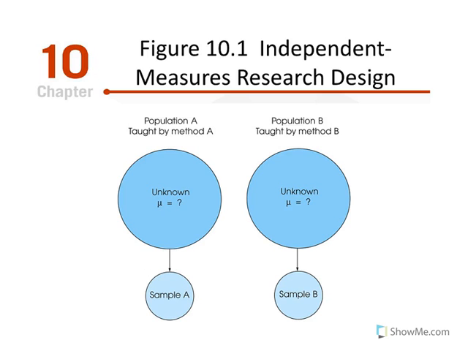So figure 10.1 is a good visual illustration of what we are engaging in with the independent measures t-test. So let's say we're interested in determining what type of teaching method is most effective with students. So we may find that when we're teaching math, some mathematicians or math teachers may feel that rote memorization, so the repetition of, let's say, like multiplication tables, is necessary to understand and master multiplication.